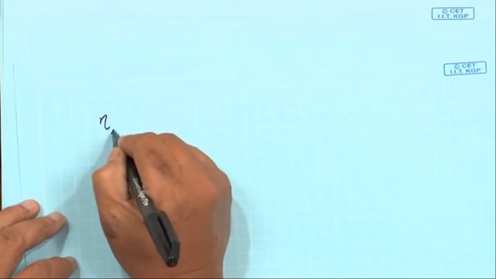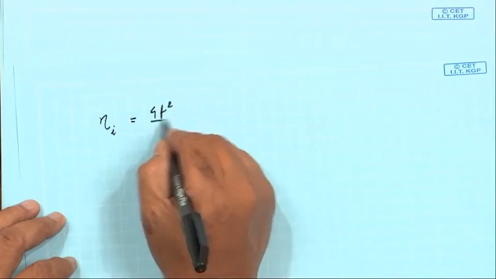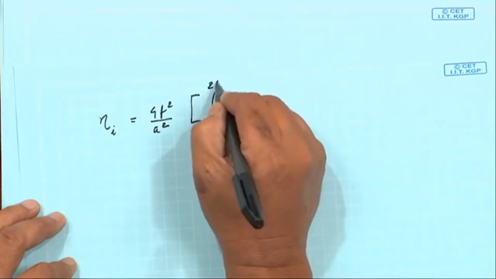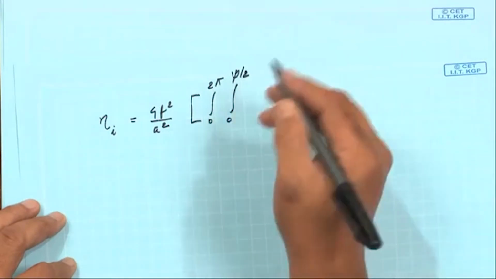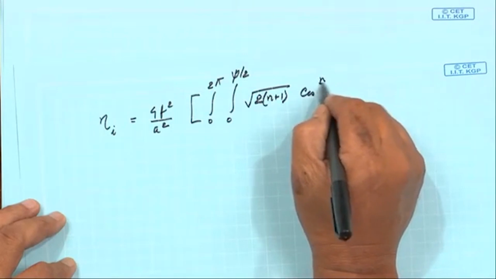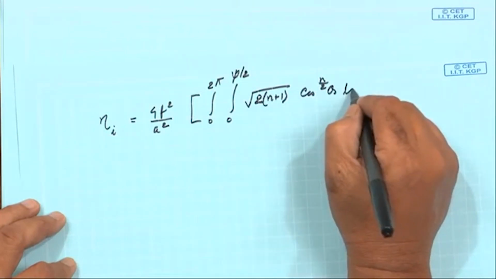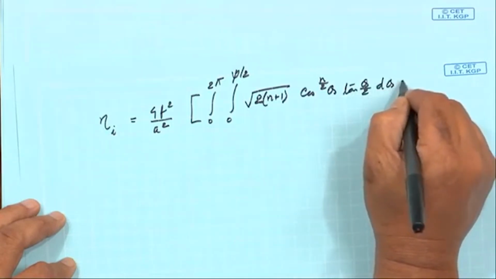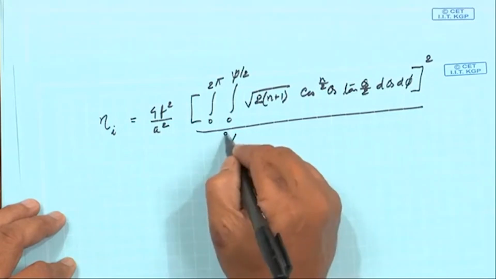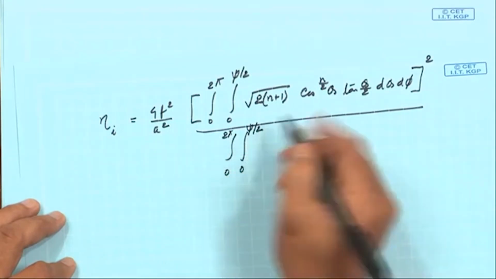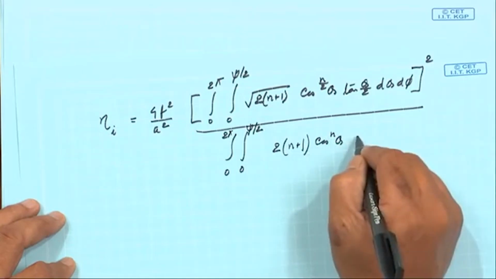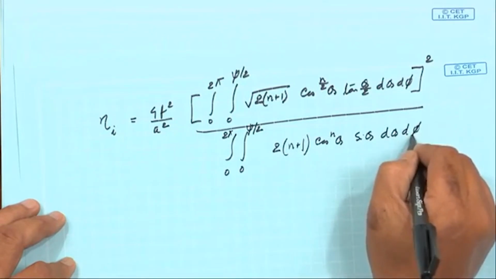And now, also with this choice of g theta phi, what will be the illumination efficiency? Eta is 4 f square by s square, times the integral 0 to 2 pi, 0 to psi by 2, of root over 2 n plus 1 cos to the power n by 2 theta tan theta by 2 d theta d phi, this thing squared, divided by the integral 0 to 2 pi, 0 to psi by 2, of 2 n plus 1 cos theta sin theta d theta d phi.